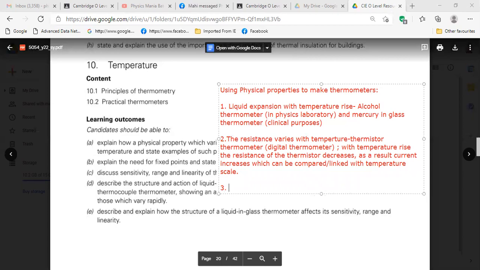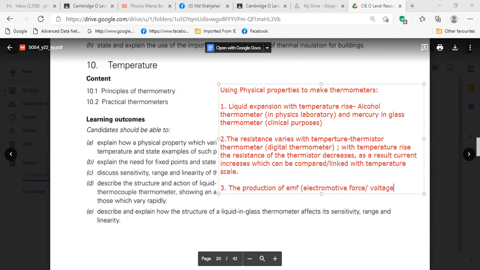Now, number three is the production of EMF. EMF means electromotive force, and we can simply say it like voltage.